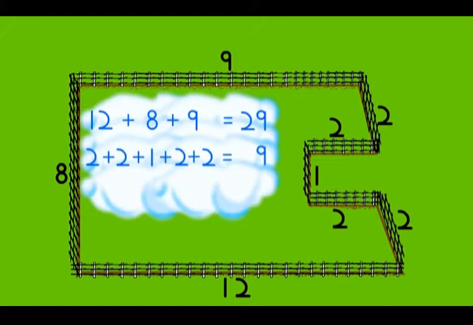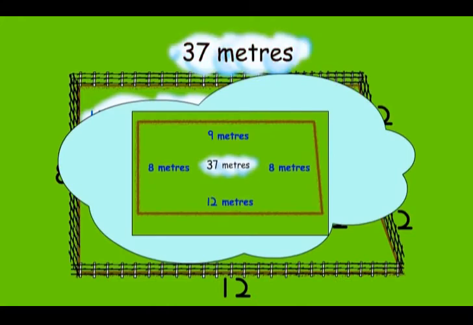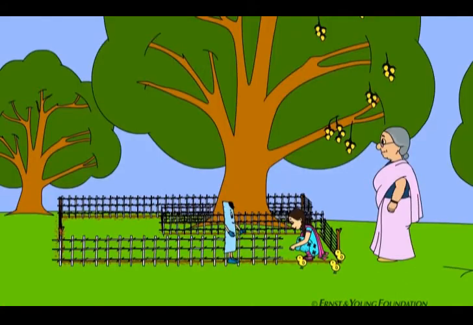So, the length of the boundary is 29 plus 9, which is 38 meters. It was 37 meters before. So, it has increased by 1 meter. Let me get 1 more meter of wire from the house.